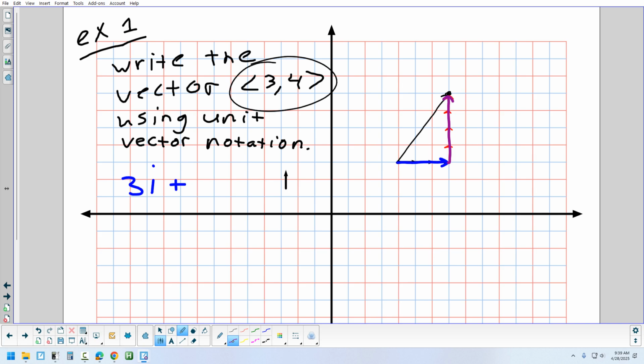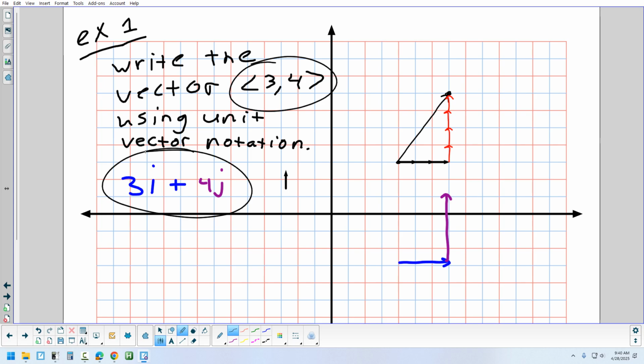That's 4j. So, if you take this vector in blue and this vector in purple, and you add them together the way we learned in the first part of the notes, you will build the vector 3, 4. 3i plus 4j. And that is all there is to unit vector notation.